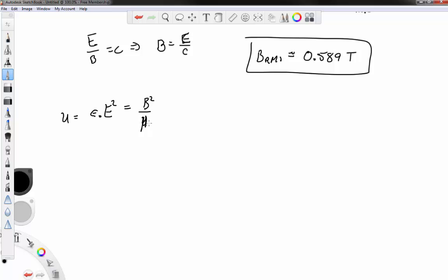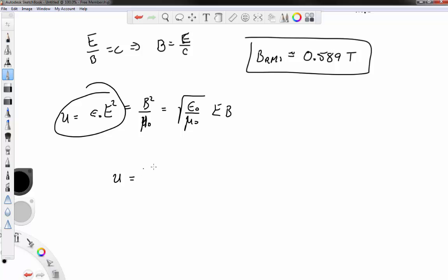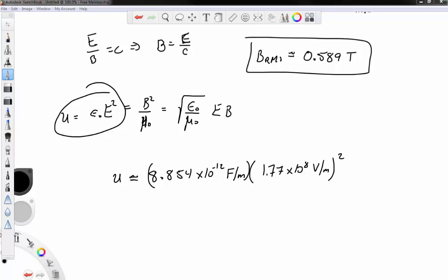That's also square root of epsilon naught over mu naught times E times B. I'm just for simplicity going to go with this version right here. So the average energy density should be given by epsilon naught times the E field squared.